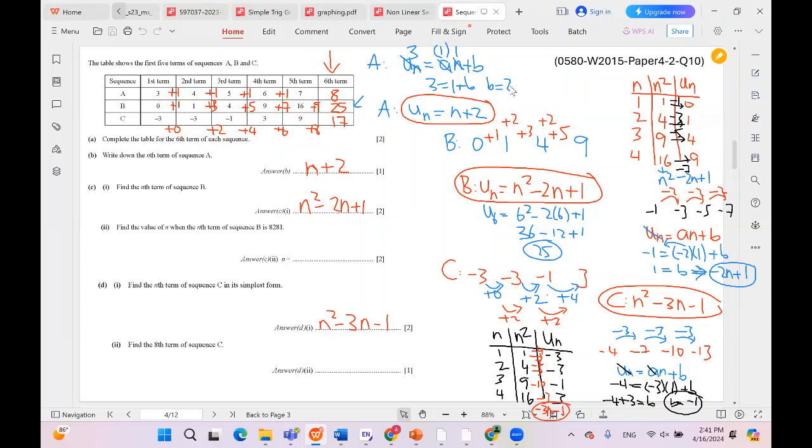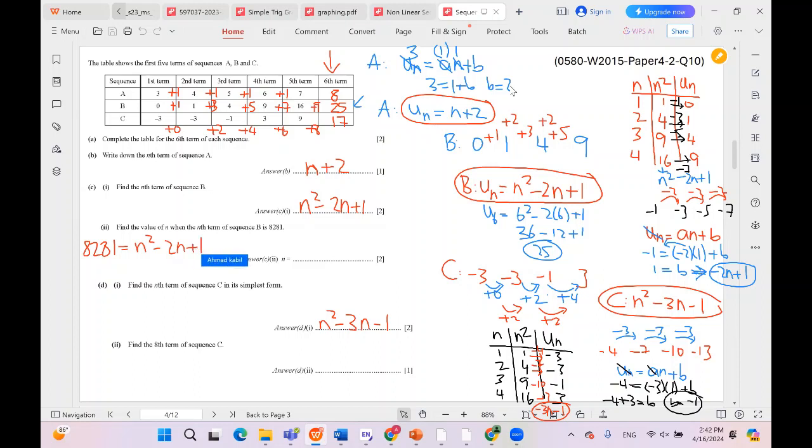Now that we found these 3 expressions, all we have to do is just solve Cii and Dii, and these are quite straightforward questions. Let's just figure them out very quickly. For Cii, we want the value of n when the nth term of sequence B is 8281. So we just write 8281 equals the expression we found in I, which is n squared minus 2n plus 1.